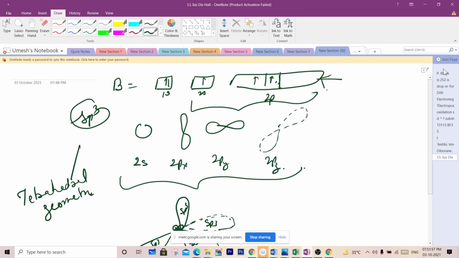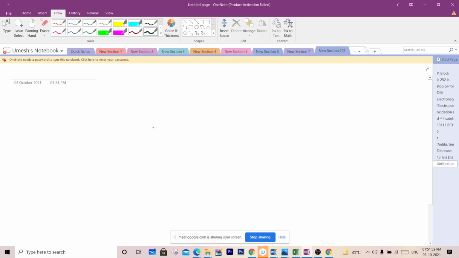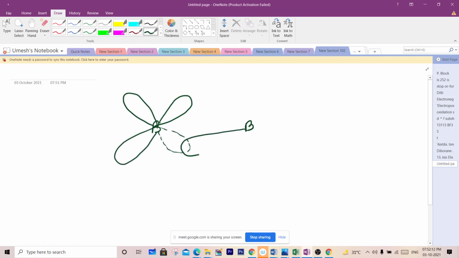So in diborane, we have two such borons, right? One boron has an empty orbital and the second has a filled one. The sp3 of one boron overlaps with the sp3 of the other, but the empty orbital is here.